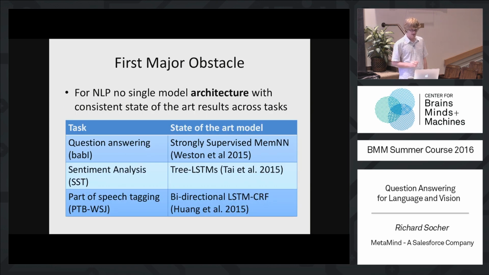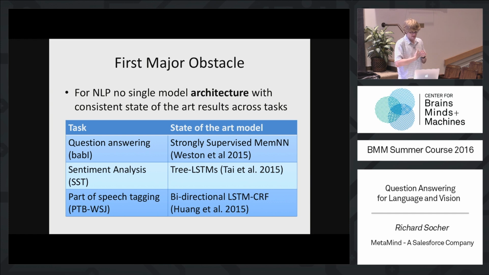The first one is that we don't even have a single architecture, let alone a single model where all the weights are shared. We don't even have a single architecture that gets consistently state-of-the-art performance across a bunch of different tasks. So for question answering, this kind of logical stuff I just showed you has a strongly supervised memory neural network from Jason Weston and some coworkers at Facebook.